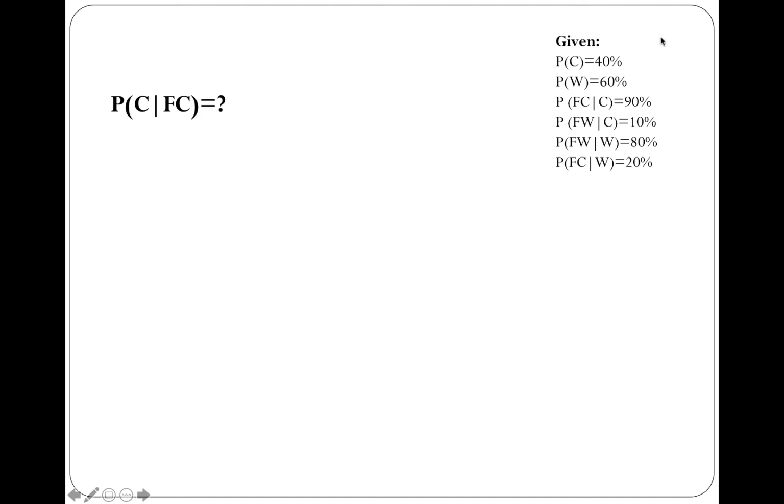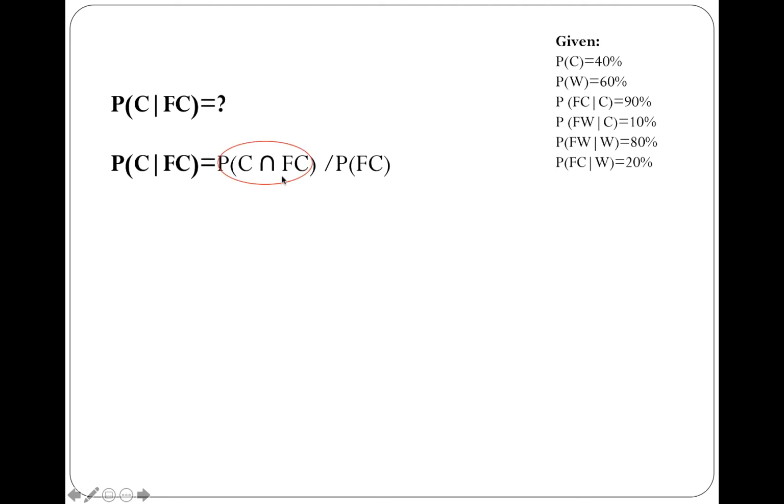So here we have the probabilities that have already been given to us from the problem statement. I have put them on the top right corner of the slide, and we want to calculate the probability of C conditional on FC. Given the conditional probability rule, we can write this probability as the probability of C intersection FC divided by the probability of FC. Okay, so let's see how we can calculate the probabilities in the numerator and in the denominator.